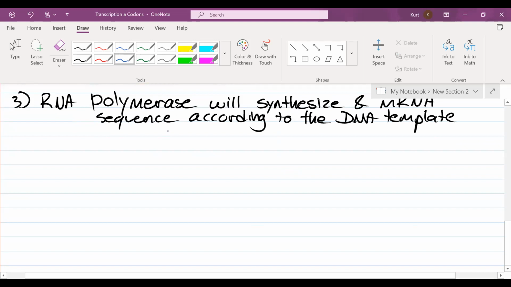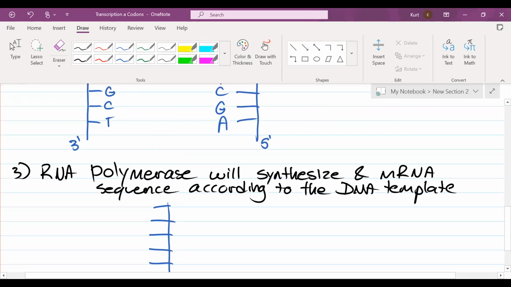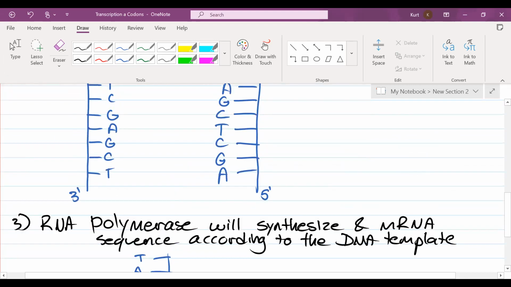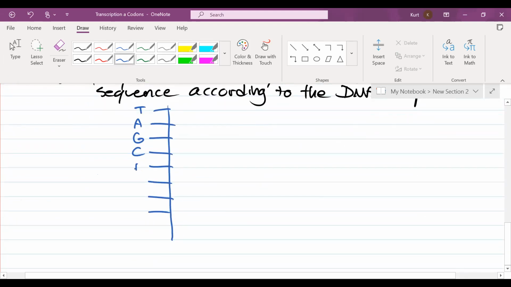So I'm not going to bother drawing my non-template this time. C, A, G, C, T, C, G, A.